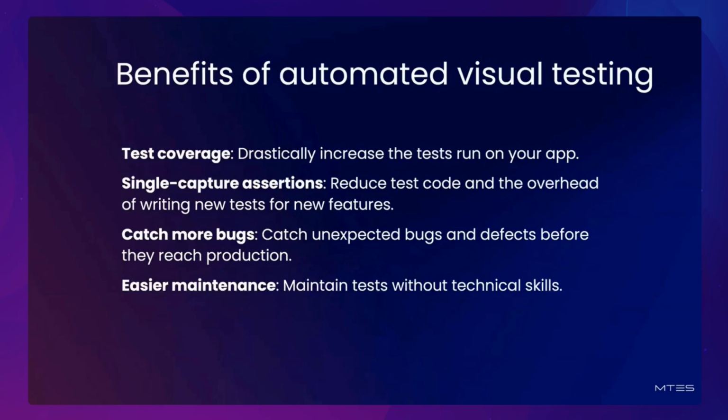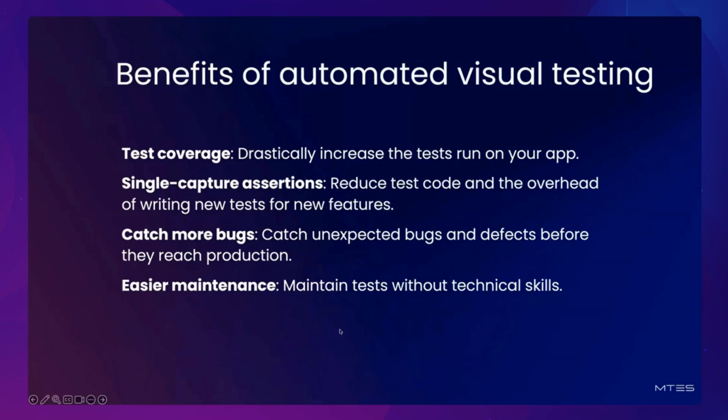So it drastically increases test coverage because for every functional test that is executing through your application, we are also covering the visual aspects of that screen. So you are getting both functional and visual coverage out of a single test run.